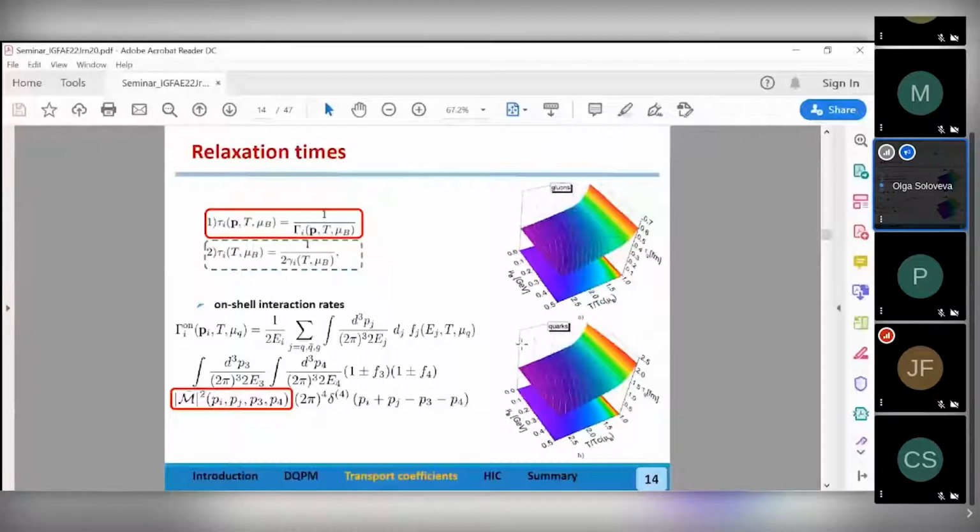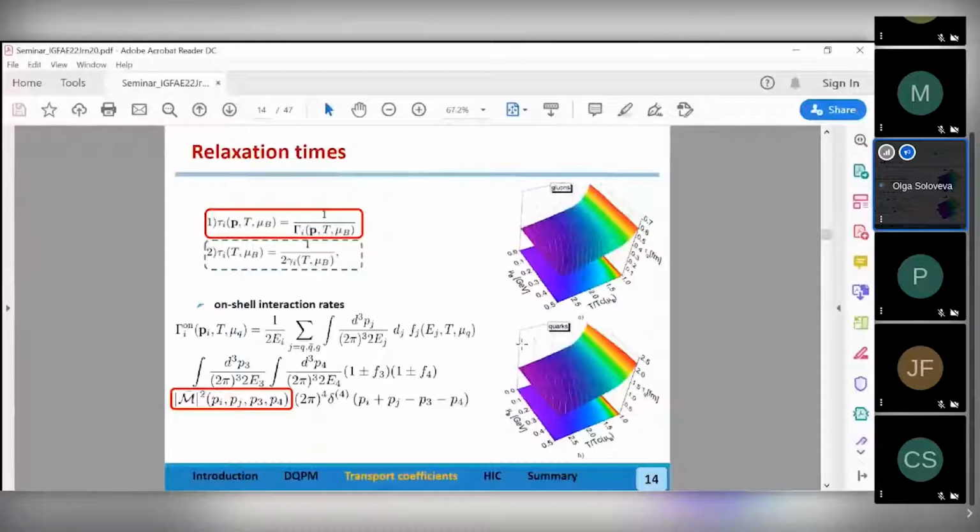So it is like screening the masses, and we have considered dressed propagators. Here you can see the diagrams for quark scattering, gluon-quark, and gluon scattering, which we are taking into account. And using these matrix elements, we have calculated the cross sections as a function of temperature and μB.